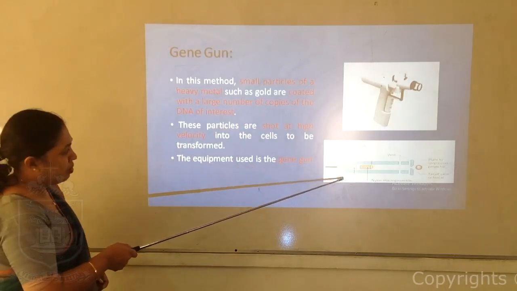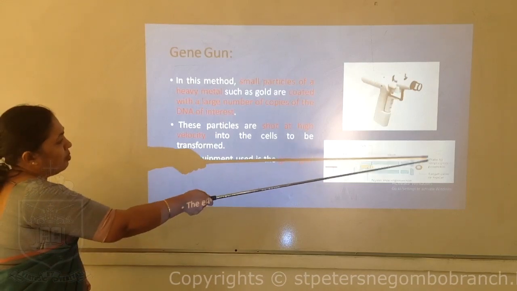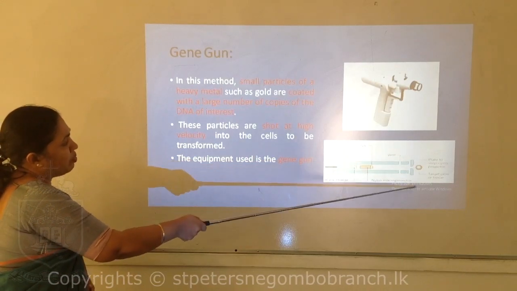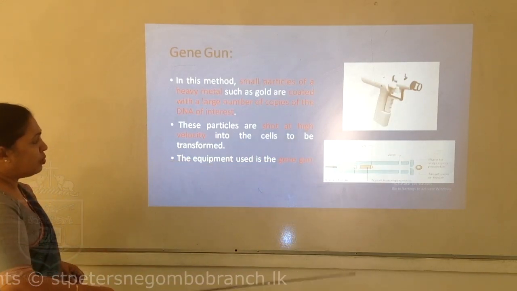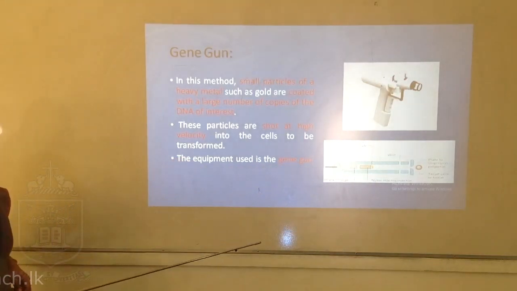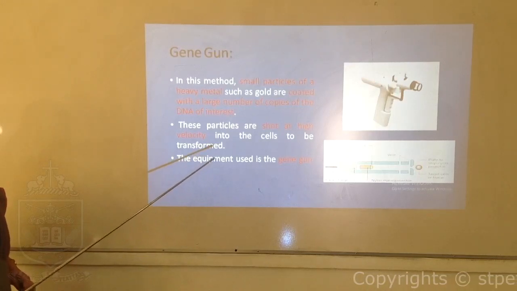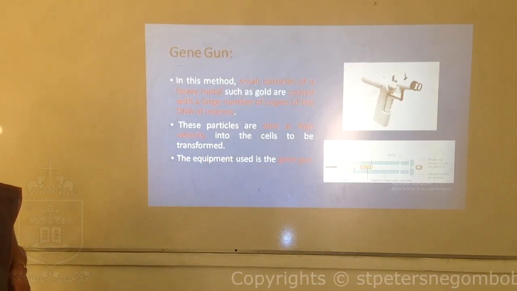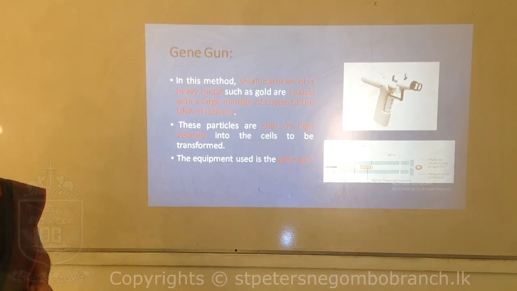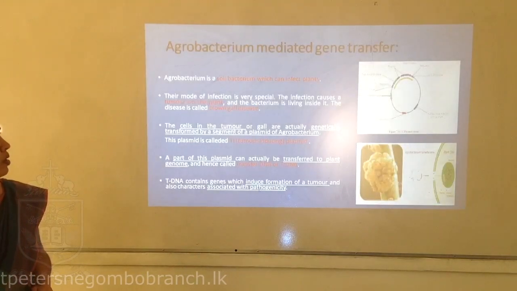A piston is there, and using that a high pressure is formed and it is shot into some tissue. So it is inserted into that foreign tissue easily with the pressure. So the gene gun is used here. This is one of the most advanced techniques in gene transfer.